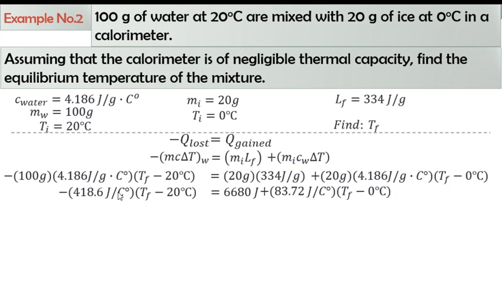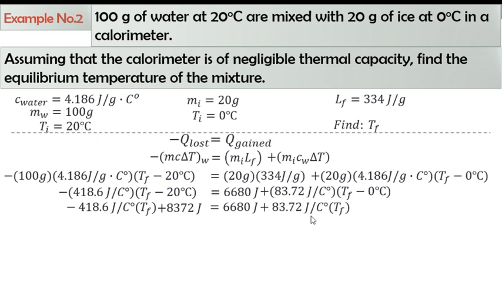We can still simplify our equation. 418.6 multiplied to T sub F, and 418.6 multiplied also to negative 20, will give us positive 8,372. On the right side of our equation, we have 6,680 joule plus 83.72 times T sub F, and 83.72 times 0 will still give us 0, so we will not write it anymore.